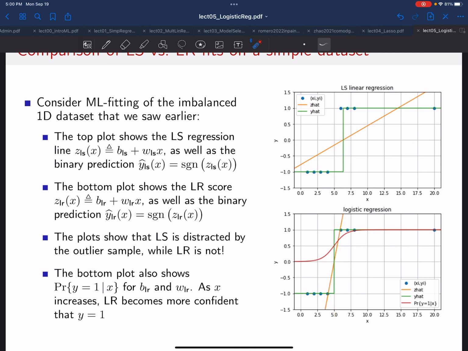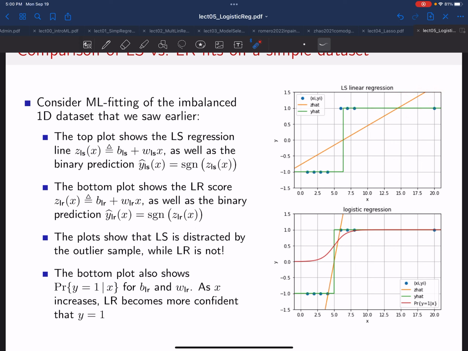That would be the decision boundary, because we know that what we do is we basically look at that probability and threshold it. Equivalently, we can look at z and threshold z. Both are the same. So here you can see that the y hat changes sign at 5, which is exactly what we would want on this data set. It's not bothered by the fact that that sample got pushed out to the right. It's not in the way that the least squares was.